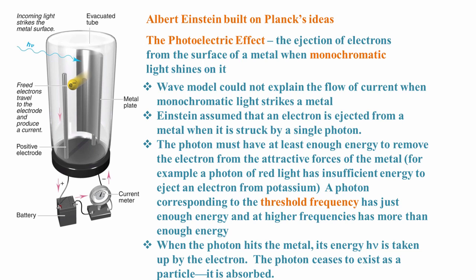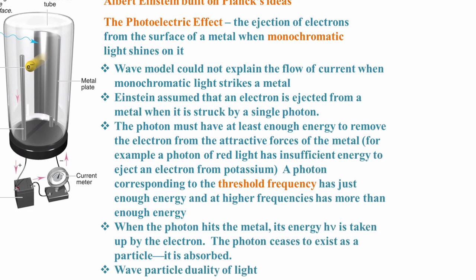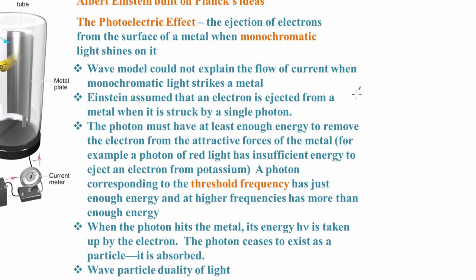The amount of energy required to eject an electron is what we call the work function. Let me write that out here. So that energy required is called the work function, and it is represented with this symbol here, and it's called the work function of the metal.